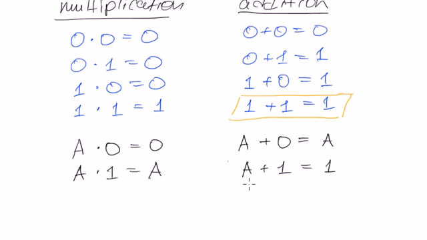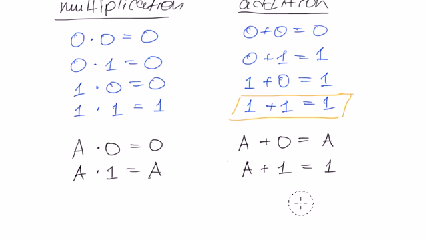If a equals 1, then 1 plus 1 will equal 1 because of this rule. And if a equals 0, then 0 plus 1 equals 1. So that's how we know that a plus 1 equals 1, and that's more or less because of the fact that 1 plus 1 equals 1.